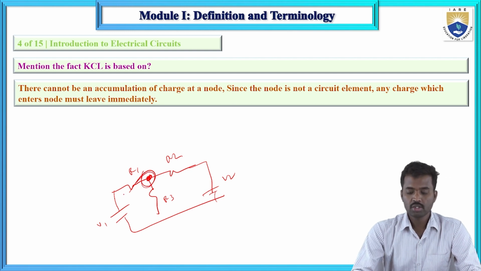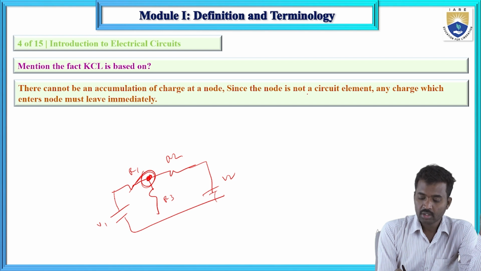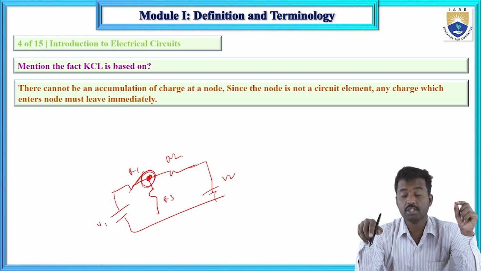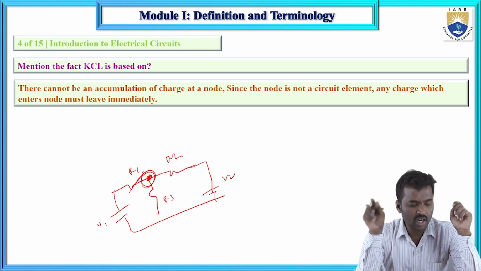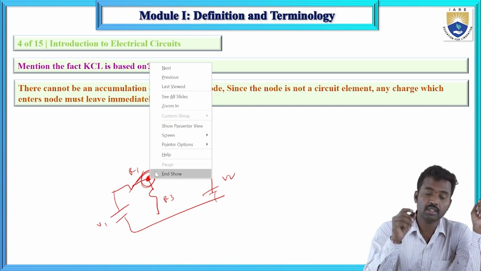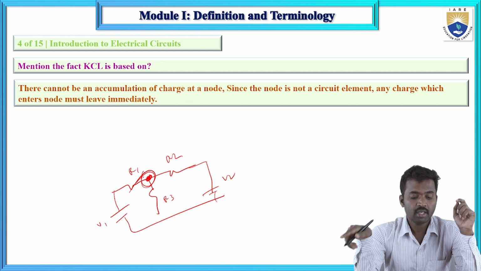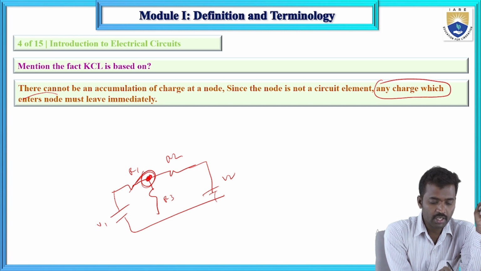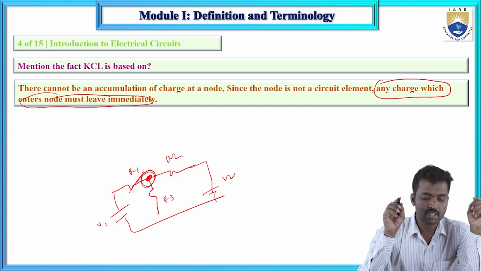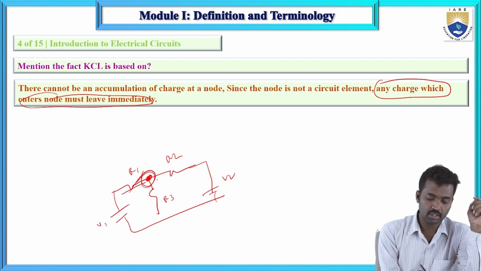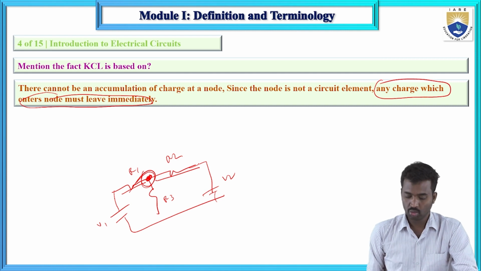The node is not a circuit element; circuit elements are resistors, inductors, capacitors, voltage sources and current sources. If charge enters the node, that charge must leave immediately. KCL is based on this.